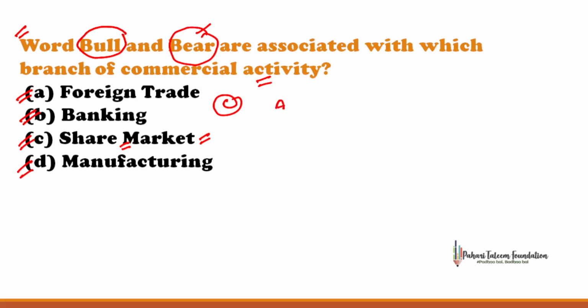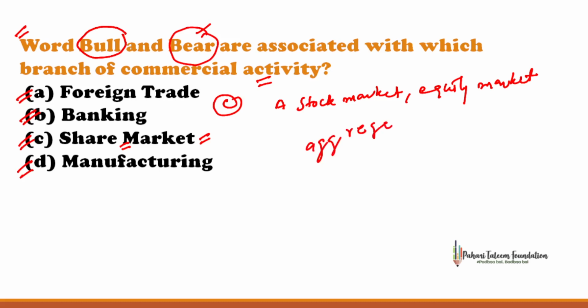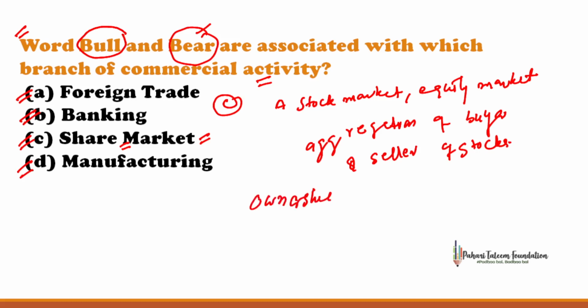So if we look at the other aspects of bull and bear, a stock market, or we can say the equity market or share market, is the aggregation of buyers and sellers of stocks, which we call shares, which represent ownership claims on businesses.